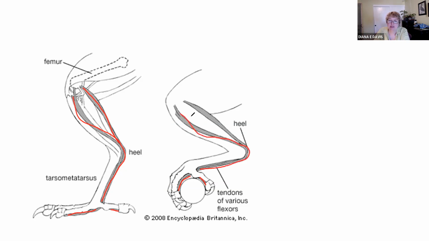It allows the bird to perch without using any energy. So the bird is perching without using muscles or energy. Instead, it uses tendons.